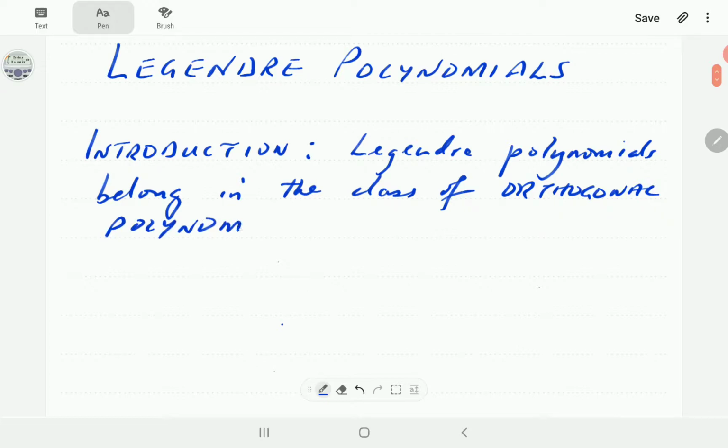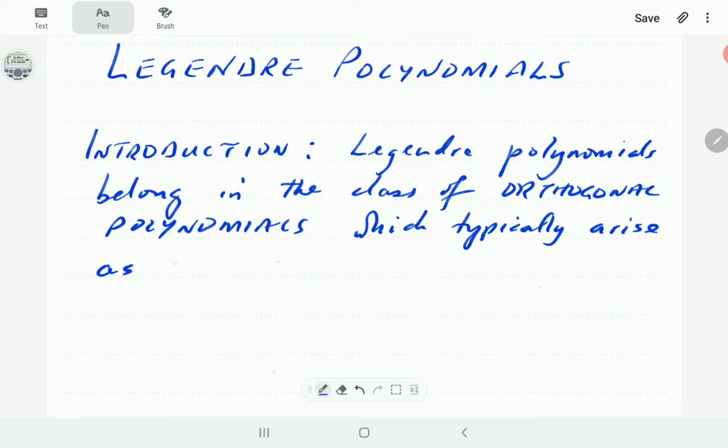So in this class, they are not the other polynomials, but orthogonal polynomials typically arise as solutions of some standard ODEs and PDEs.